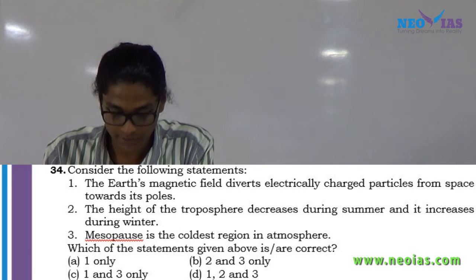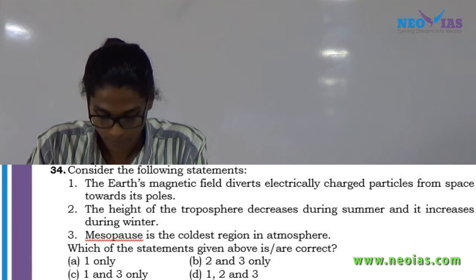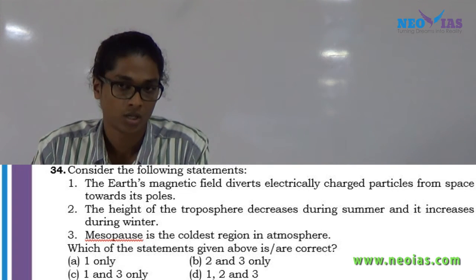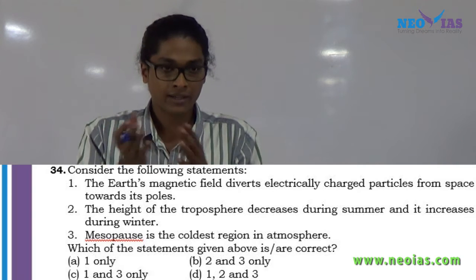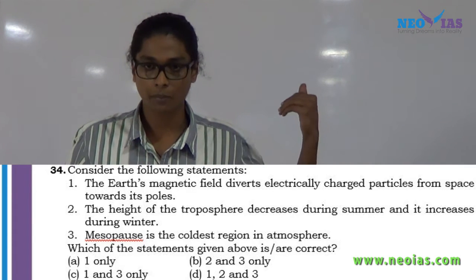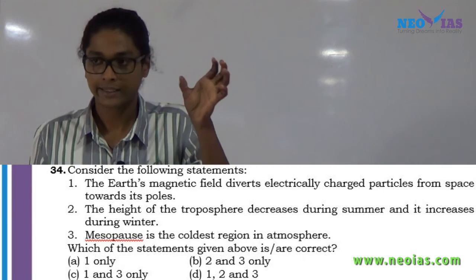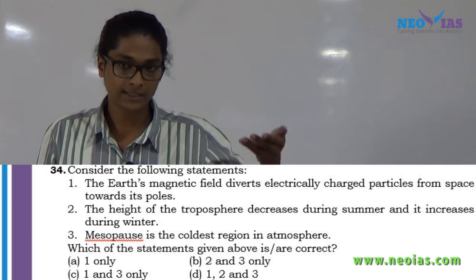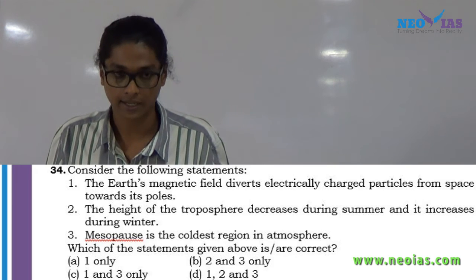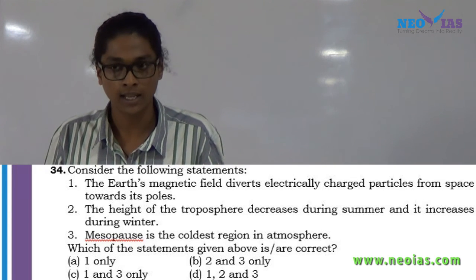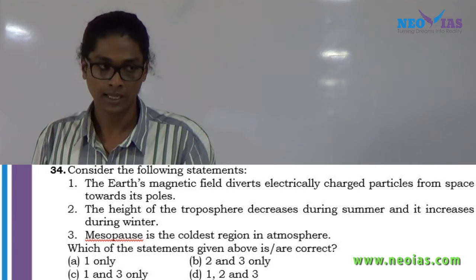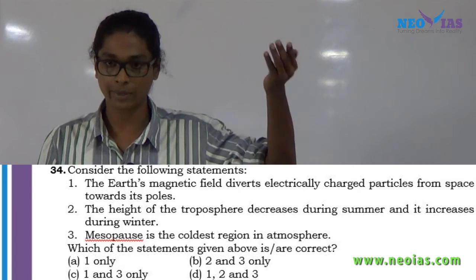Now go through the third statement. It all depends on whether this statement is true or false: the mesopause is the coldest region in the atmosphere. Now we have discussed the troposphere, stratosphere and mesosphere, right? They are thermally stratified layers. As the altitude increases in the troposphere, temperature decreases; as the altitude increases in the stratosphere, the temperature increases; and in the mesosphere, as the altitude increases, the temperature decreases.